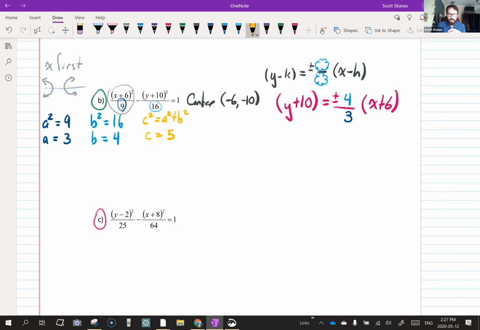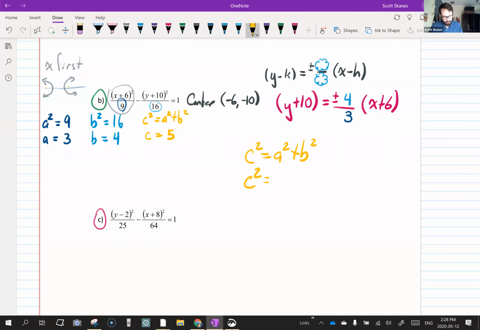Can I just get a show of hands if this is making some sense so far? I haven't really done much different yet except for the transverse and conjugate. Sorry, Mister, about the c, how is it five again? You get the c from, let me just make an aside here. I'll delete this in a second. c squared is a squared plus b squared, yeah?